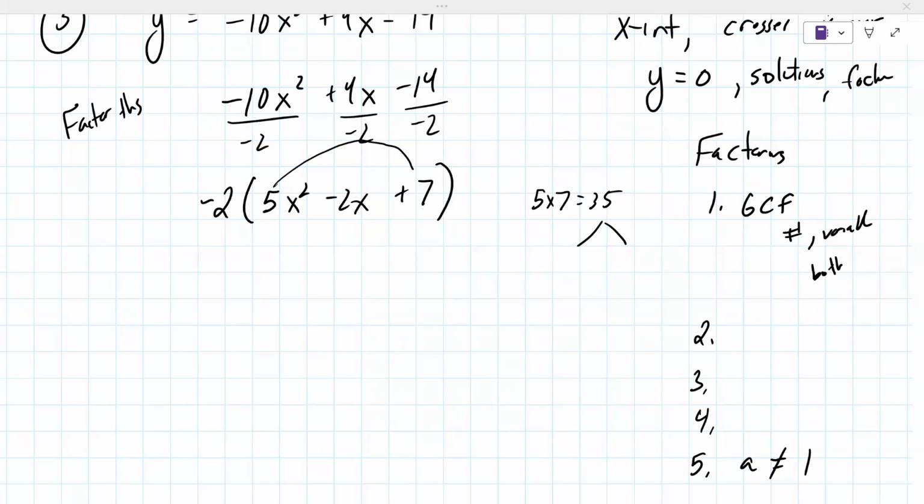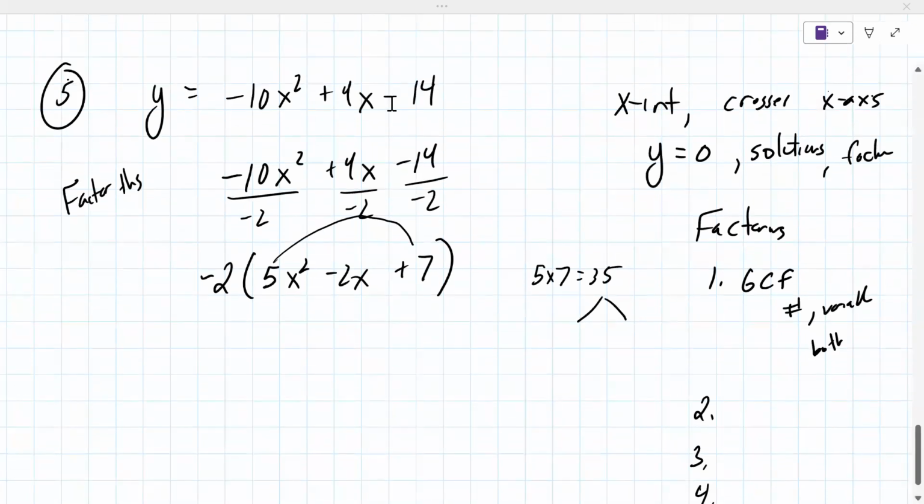Yeah, so there are no factors. Maybe she meant plus 14. Yeah, she did. I think your instructor meant plus 14 here, because the original one does not work.